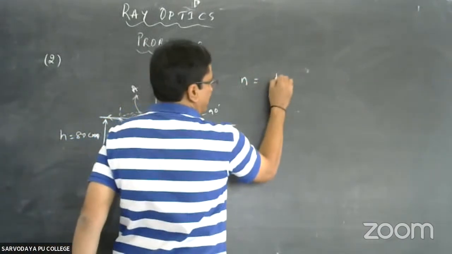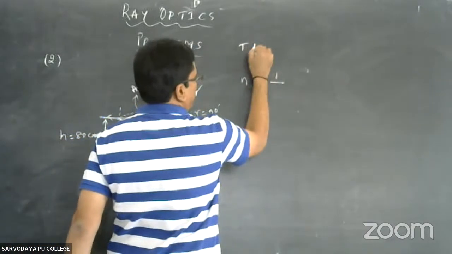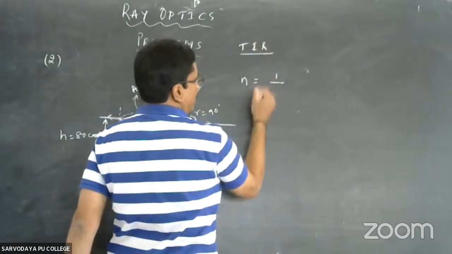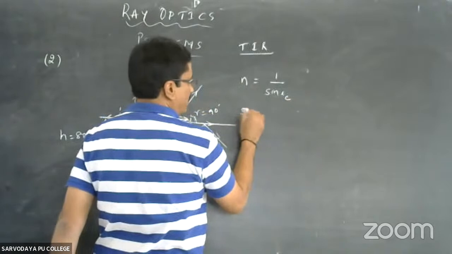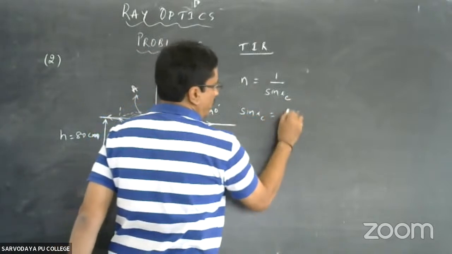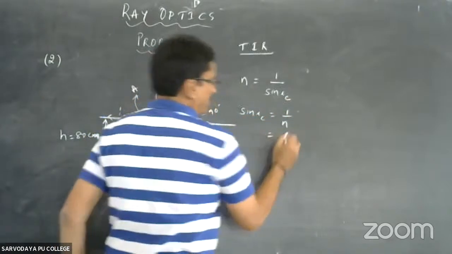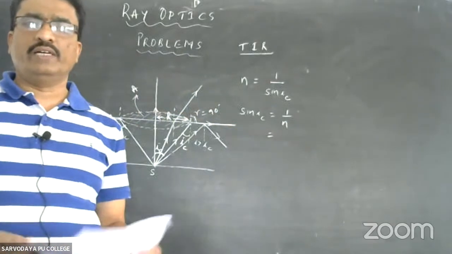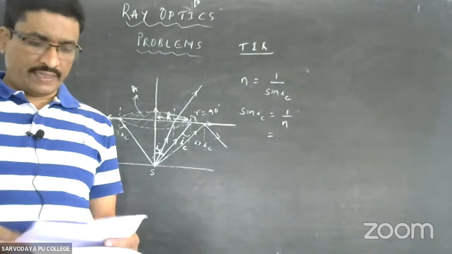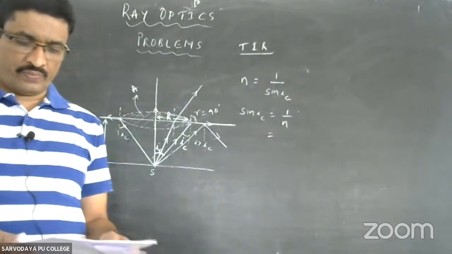For total internal reflection, we consider n is equal to 1 by sin IC. Therefore, sin IC is equal to 1 by n. The reciprocal of the refractive index of the medium gives the sine of the critical angle corresponding to the medium.